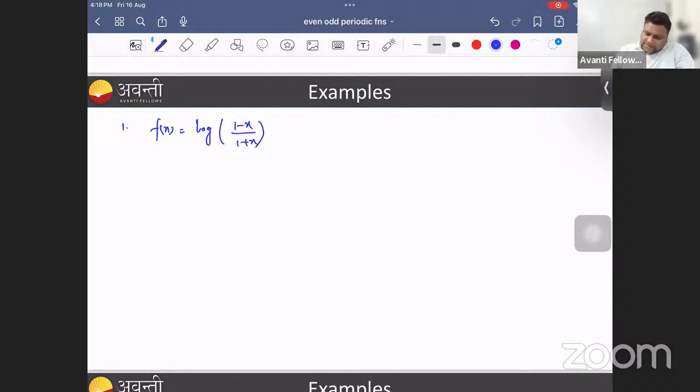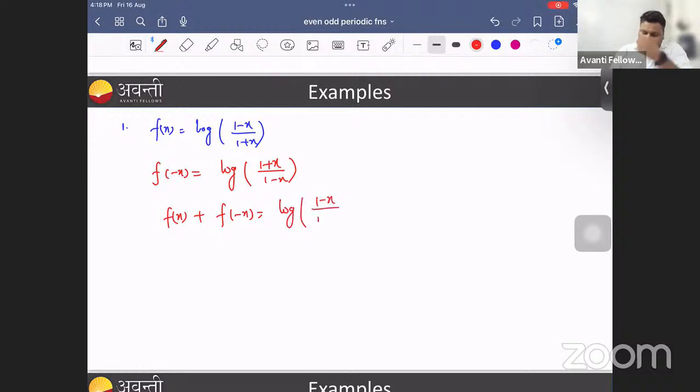See, if I replace x by minus x, I get f of minus x is log of 1 plus x upon 1 minus x. Isn't it? If I add both of them, then f of x plus f of minus x is log of 1 minus x upon 1 plus x plus log of 1 plus x upon 1 minus x.